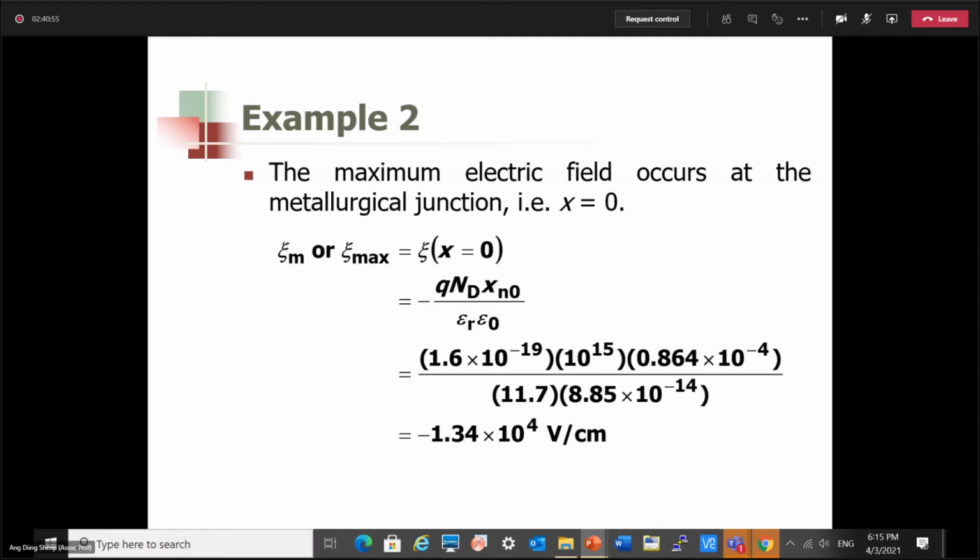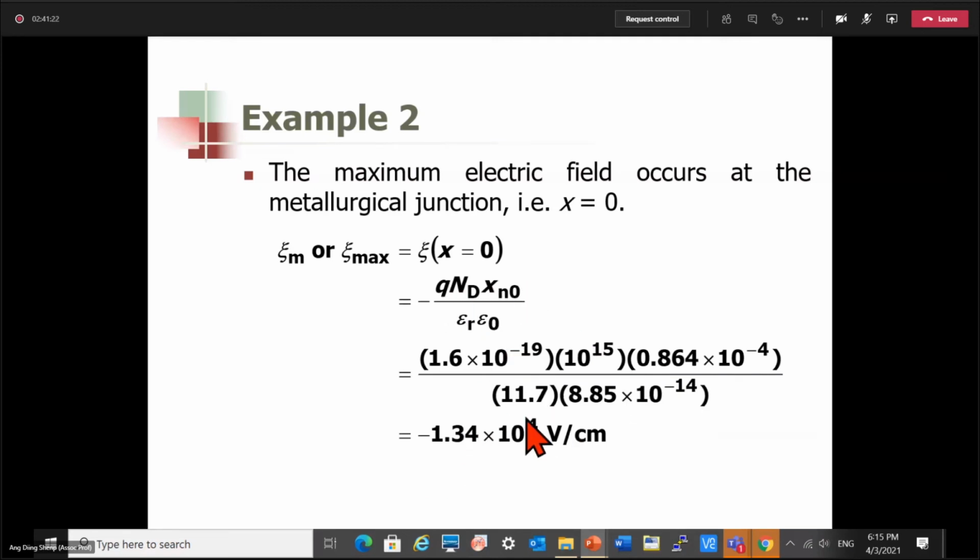Okay, let's calculate the maximum electric field. The maximum electric field occurs at the metallurgical junction, which is x equals 0. So you can use the equation we derived earlier to obtain an expression for the maximum electric field, which we already did just now. You can use this in your calculation, or the other one, which is qNA xp0 over the permittivity.